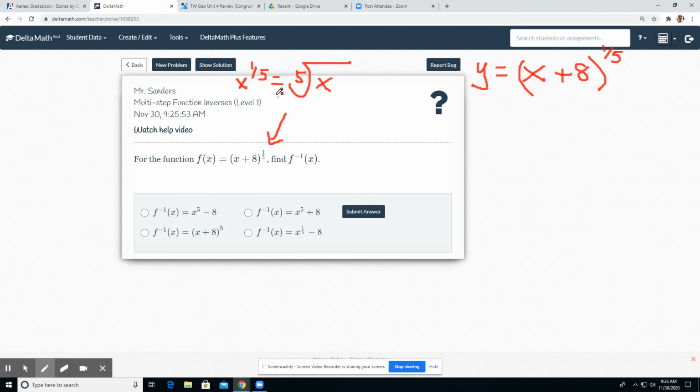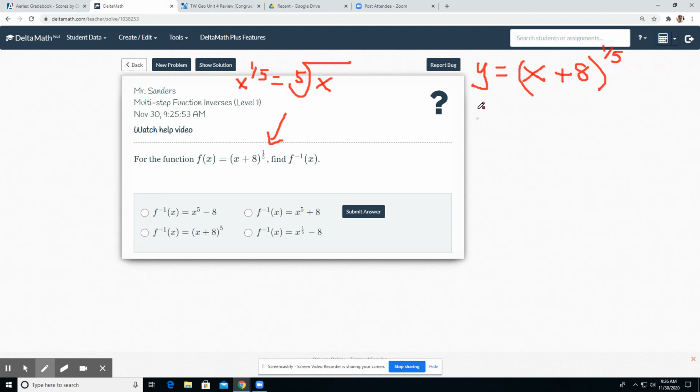A 1/5 power is the same thing as the fifth root, not radical 5, the fifth root. To undo that, we would just do the exponent of 5. Notice that an exponent of 5 would undo both the fifth root and the 1/5 power.